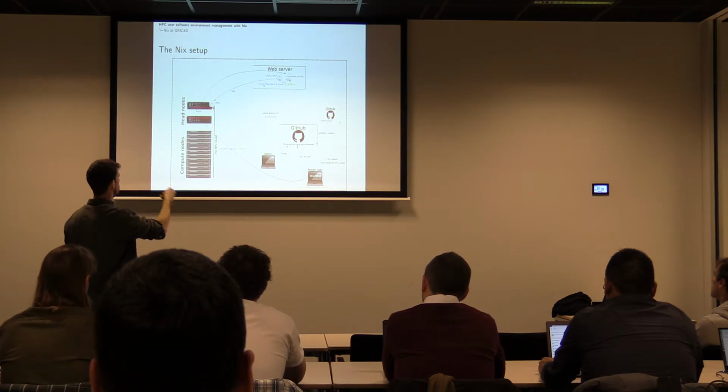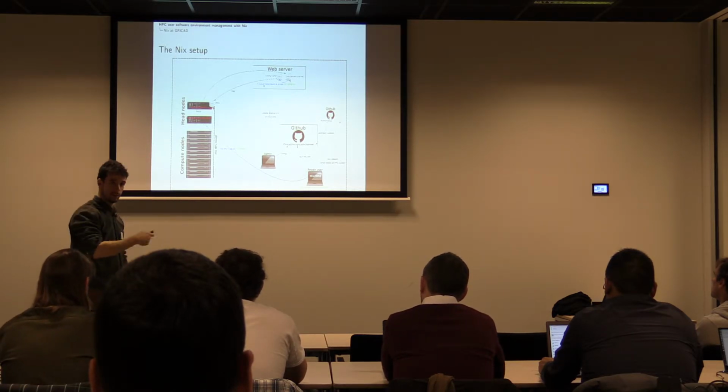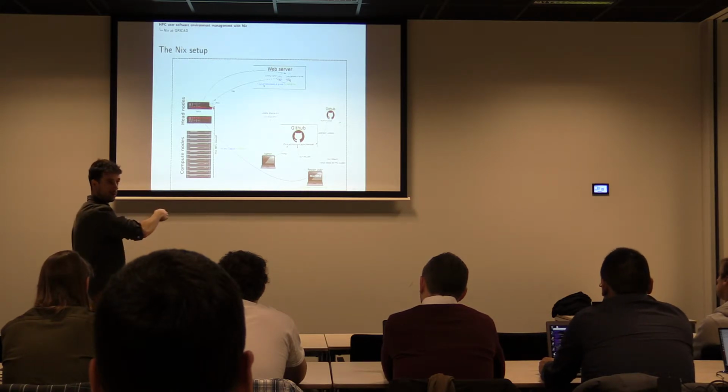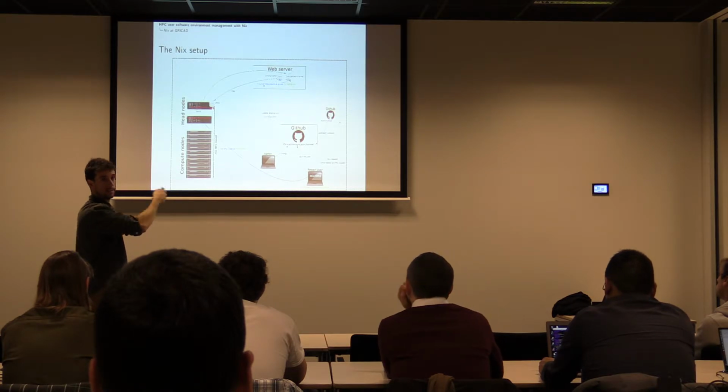They wrote a package. They connect to the head node. They ask the Nix daemon to build a package for them. They run nix-build or nix-env -i to install the package in their environment. The Nix daemon will build the package and put it in the Nix store, which it has write access to, and modifies their environment.